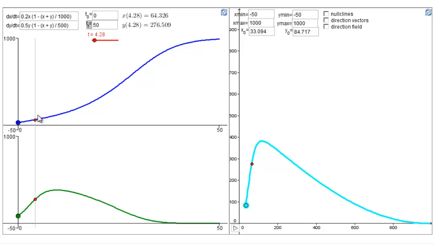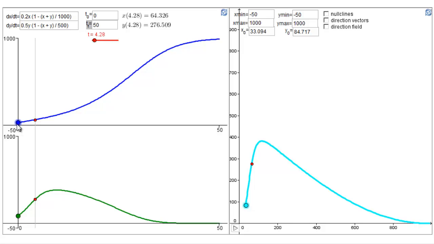This applet shows not only the plots versus time of both population A, or X, and population B, or Y. It also plots the state variables x, y, or A, B, in the phase plane, where the horizontal axis is the population size of the first species, population A, or X, and the vertical axis is the population size of the second species, population Y, or B. Here we can see that initially the second population, B, grows faster, but eventually the first population wins out, sending the second population to 0 as the size of the first population heads to 1,000.